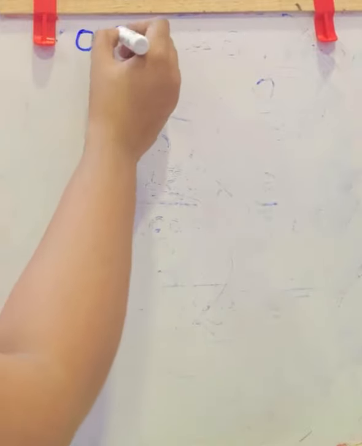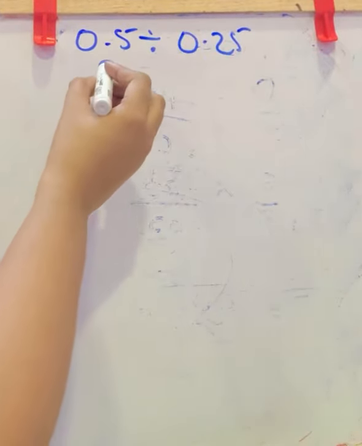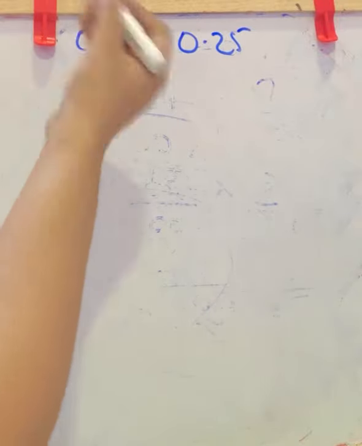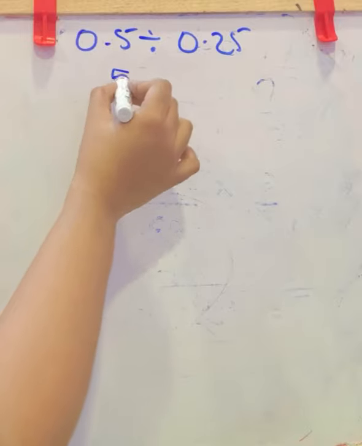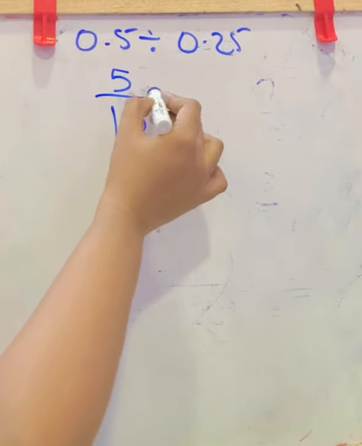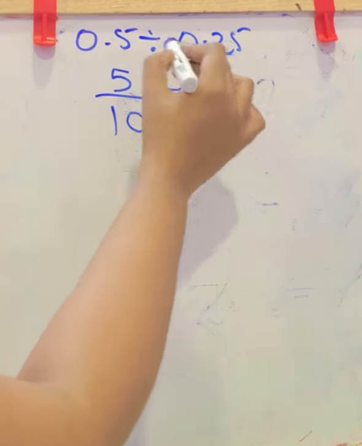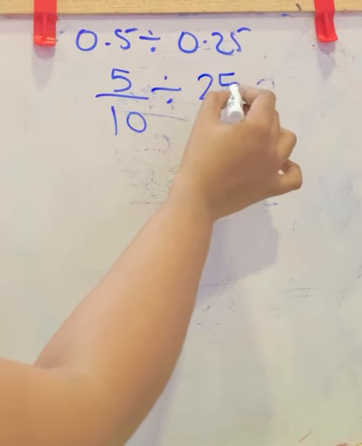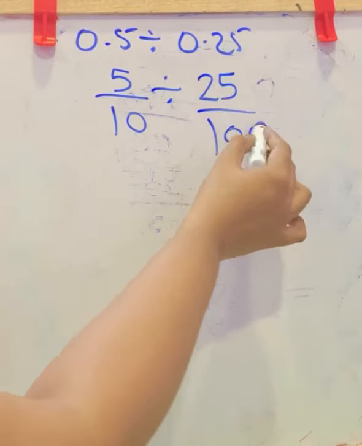44.20. 0.5 division 0.25. Here 0.5 without decimal you can say 0.5. Don't want the 0 in front of 5, so simply say 5 by, here 1 digit after decimal, so by 10. Division 0.25 without decimal it is 0.25. 0.25 means 25 by, here 2 digits after decimal, so by 100.